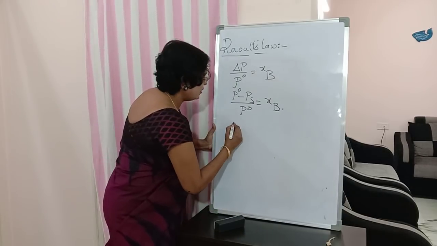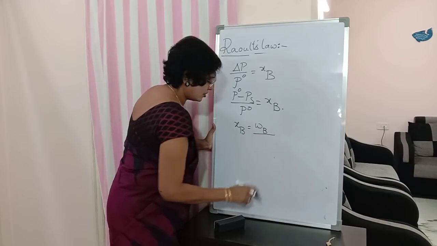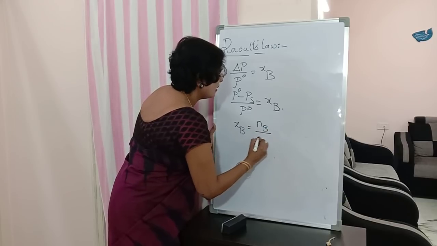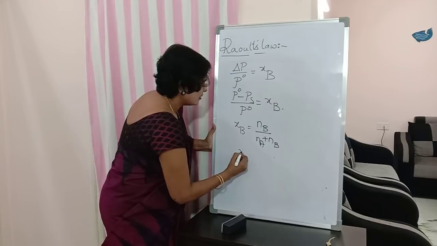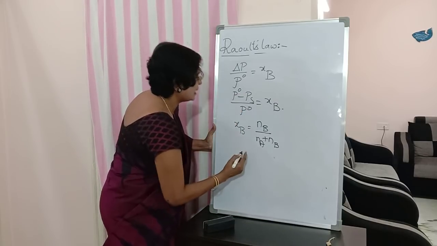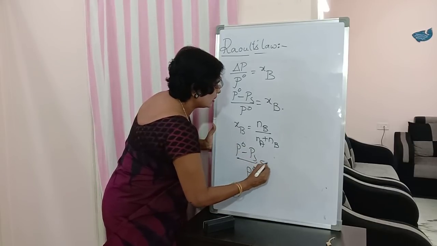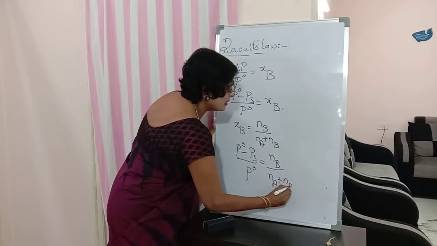Okay, but we know that XB is equal to NB by NA plus NB. So what we did, we have made this equal to (P naught minus PS) by P naught is equal to NB by (NA plus NB).